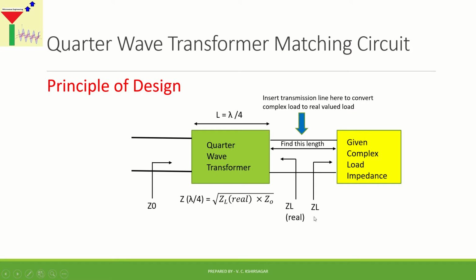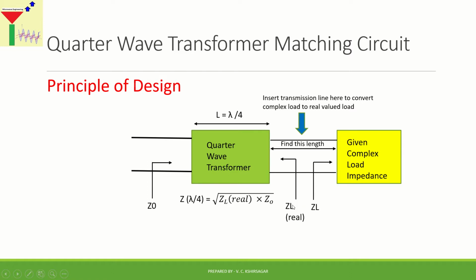So please remember, in some of the cases, the given load impedance will only have a real value. At that time, this job will become simpler, because we need not insert the transmission line in that particular case, because we have been directly supplied with the real value of load impedance. If the load impedance is complex, then first we need to insert a transmission line which will take the complex load impedance to real valued load impedance, ZL real.